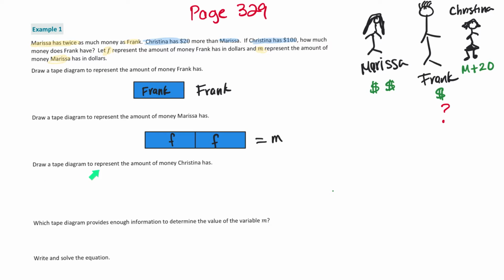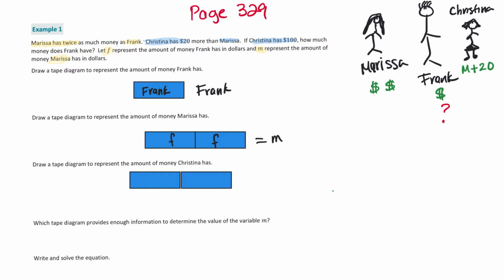Draw a tape diagram to represent the amount of money Christina has. Look at this, what Christina has. Christina has $20 more than Marisa. Look where the magic is going to happen. I have to do Marisa again. Marisa's tape diagram, 1, 2. Just bear with me.